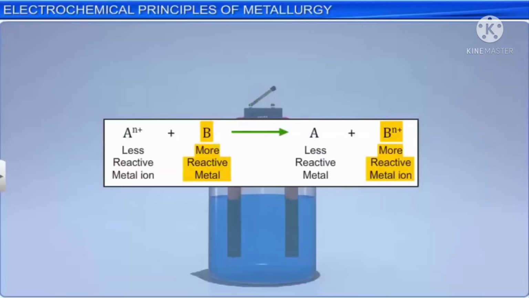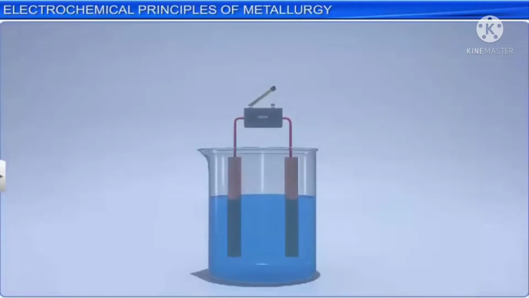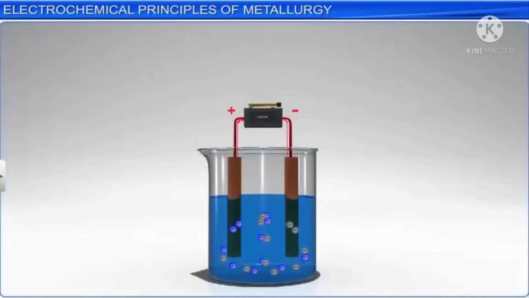For example, the reduction of Cu+2 to copper in the presence of iron. The corresponding equation is shown here. In a simple electrolysis process, the positive ions always move towards the negative electrode, called the cathode.